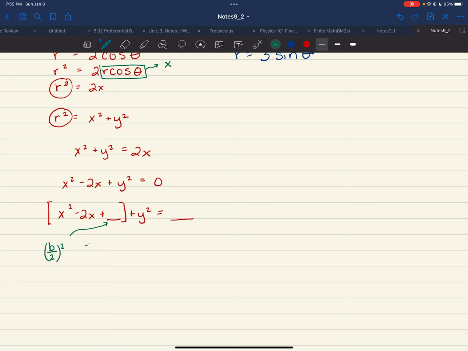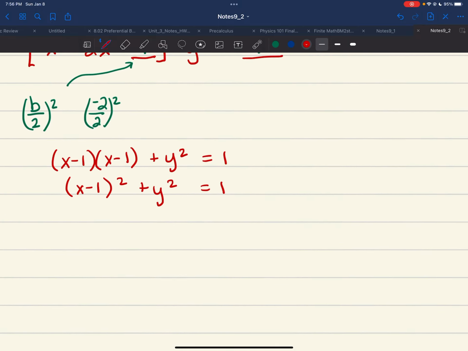So it's going to be negative 2 over 2 squared, which gives me 1, because negative 1 squared gives me 1. So this is also going to be 1. So I can actually graph this out as x minus 1 times x minus 1 plus y squared equals 1. And that would be x minus 1 squared plus y squared equals 1.